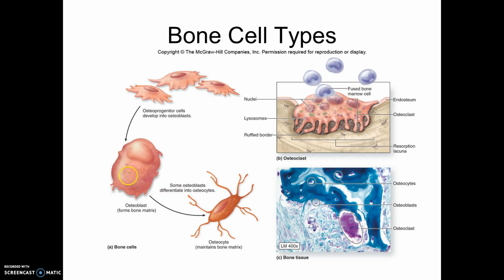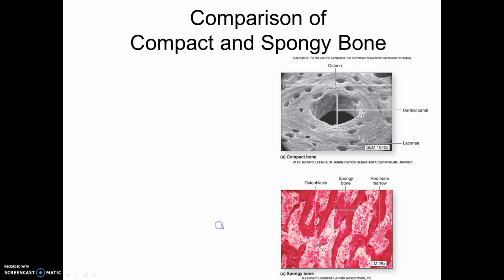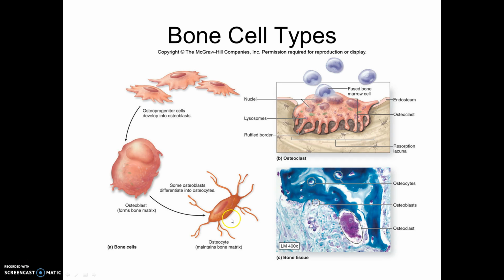Once the osteoblasts are surrounded by the extracellular matrix that they produce, then they become osteocytes, just like chondroblasts become chondrocytes. So now they're trapped by that extracellular matrix, and you can see they undergo sort of a structural change that we will talk about the significance of shortly here within the context of the surrounding bone tissue.